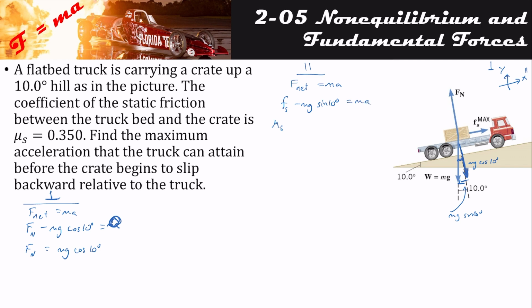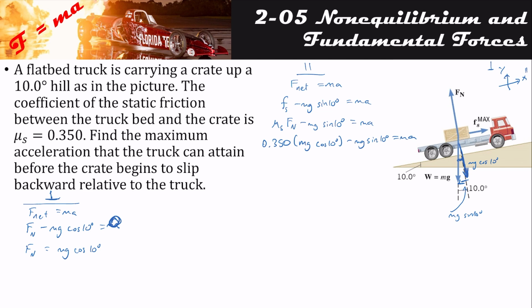Friction is the coefficient times the normal force. Our coefficient is 0.350. My normal force is mg cosine 10. I don't know the mass.